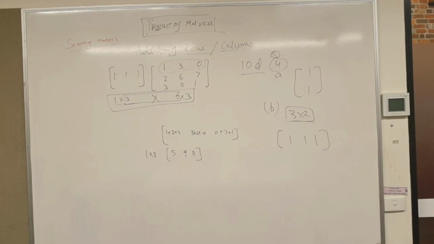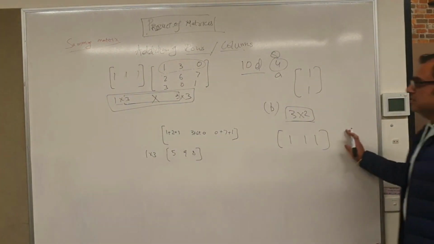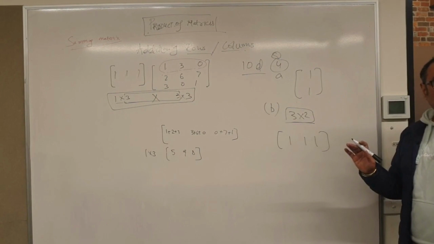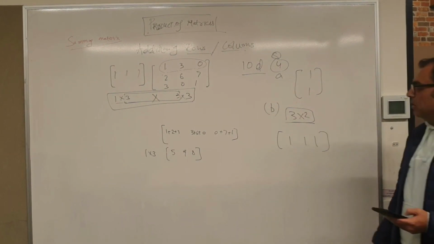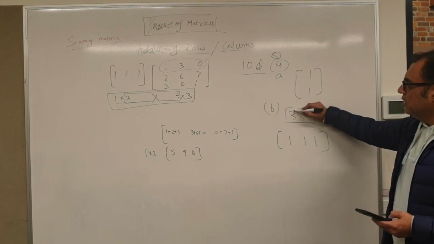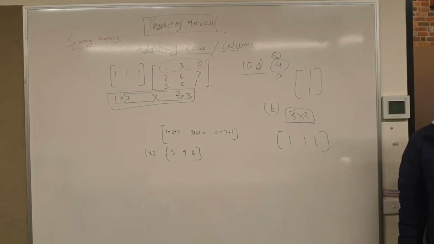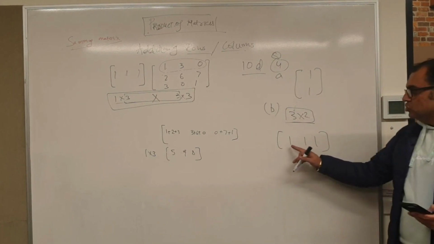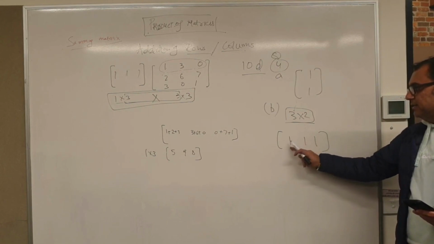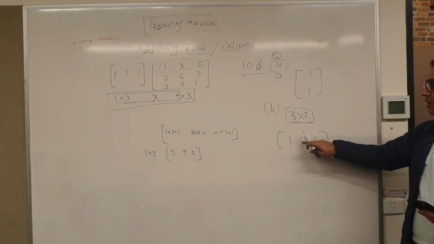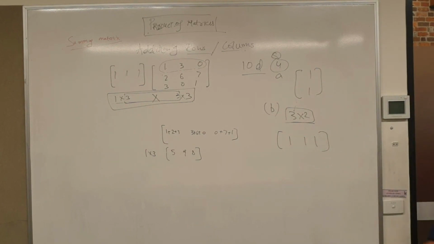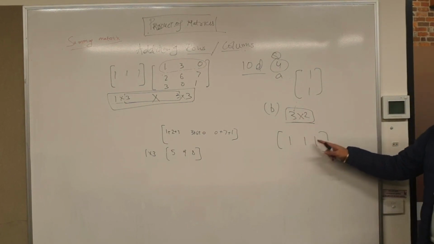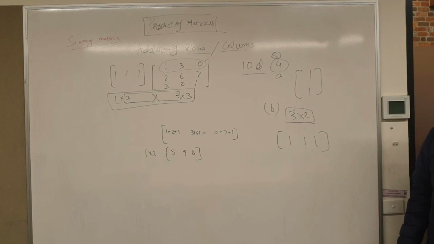So if you were to add all the columns of this matrix, count the number of rows. How many rows do you have? 3 rows. So write that many columns as 1 and finish it off. So you write 3 here.